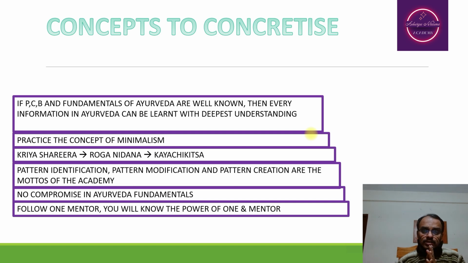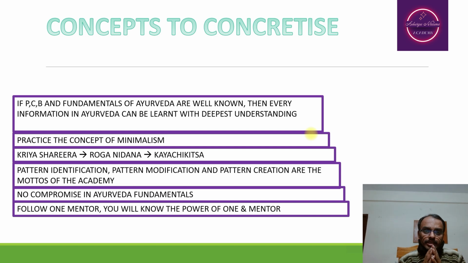In other words, if you know the physiology from each and every corner, and you know the altered physiology from each and every corner, and you know how to restore the altered physiology, then the practice of Ayurveda will be very easy.